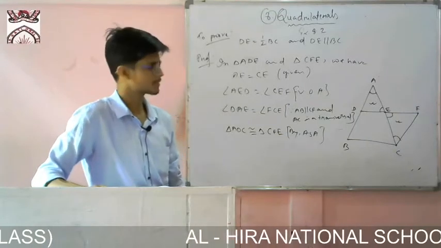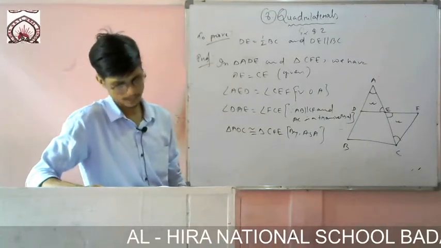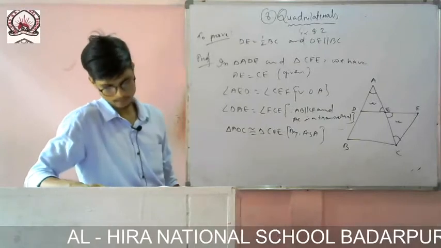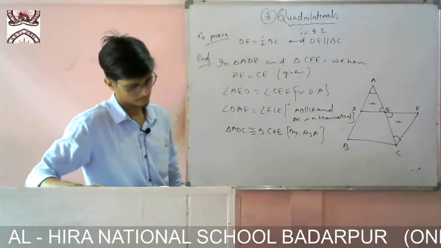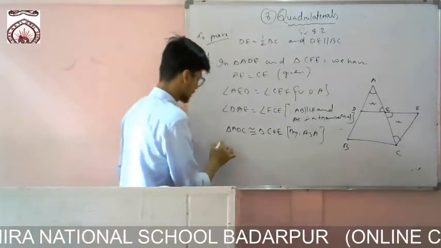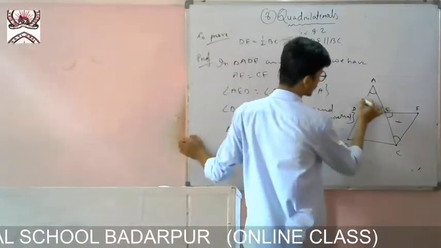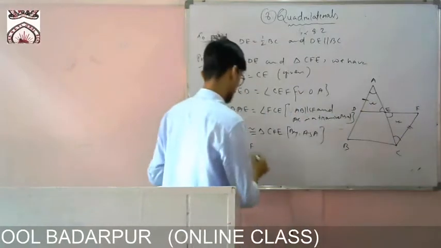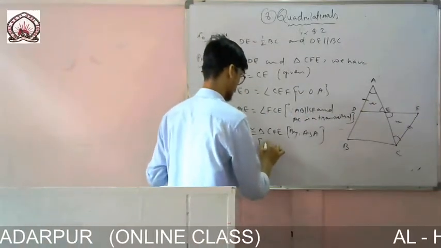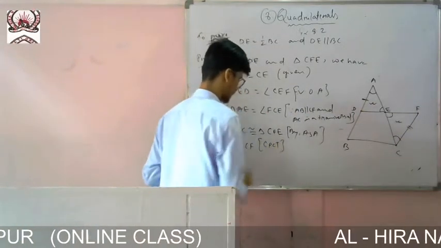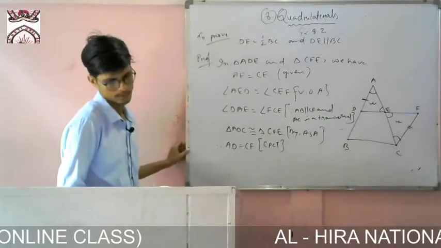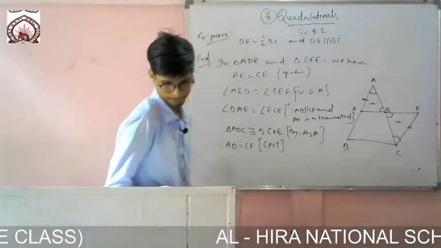So if these two triangles are congruent, then I can say that AD will be equal to CF. Okay, so I can write AD is equal to CF. These two triangles are congruent, that means this side will be equal to this one. AD is equal to CF.